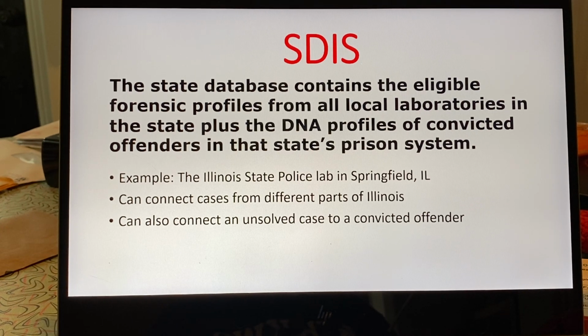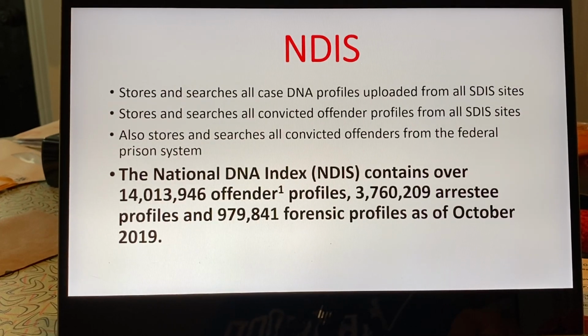Okay, so now Carbondale PD and Chicago PD can start talking to each other and saying, okay, is this a long distance trucker? Is this someone who lives in both locations? That's what we call generating an investigative lead. Also, perhaps you have a case that doesn't have a suspect, but now it hits to a convicted offender, and now you've basically solved that case. Okay, so that's what can happen at the state level.